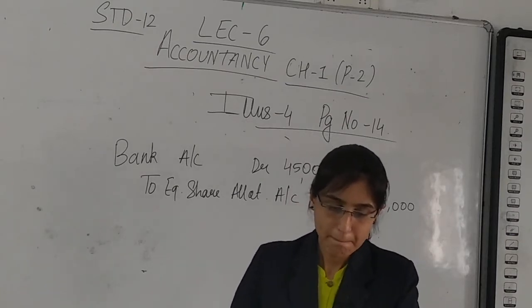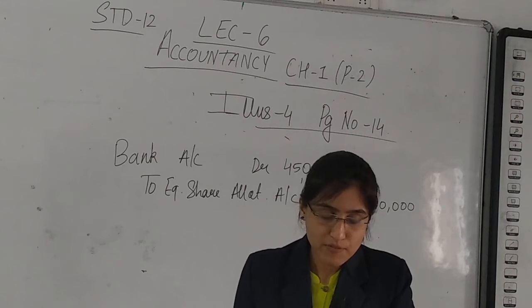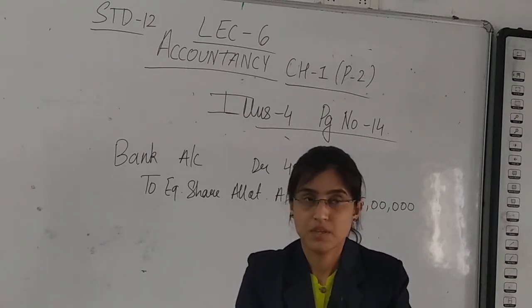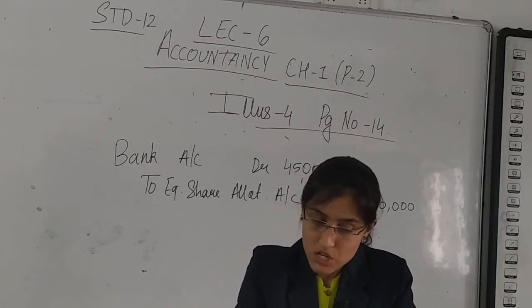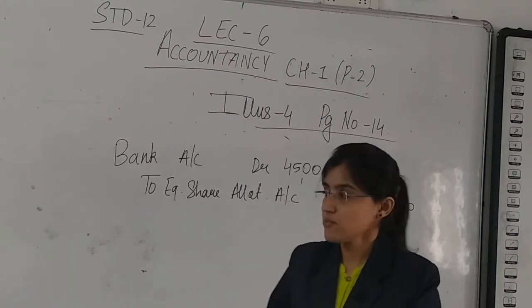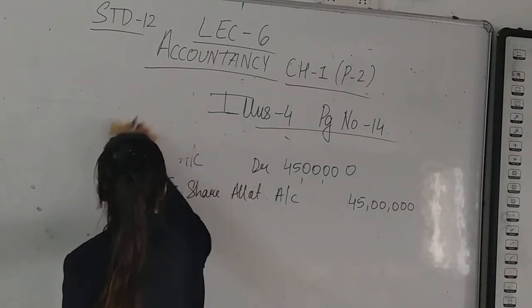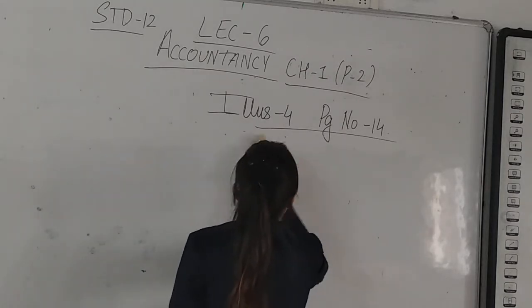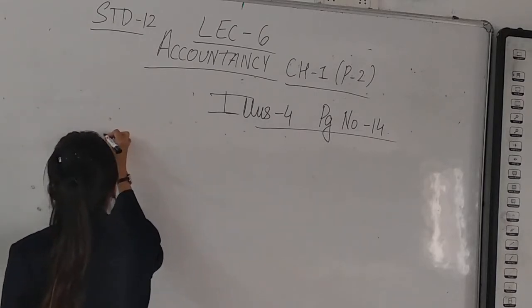Further, if you are talking about first call, it is of 2 rupees per share. How many shares? 18 lakh. So when first call money becomes due, what is the journal entry for that? Hope you remember.